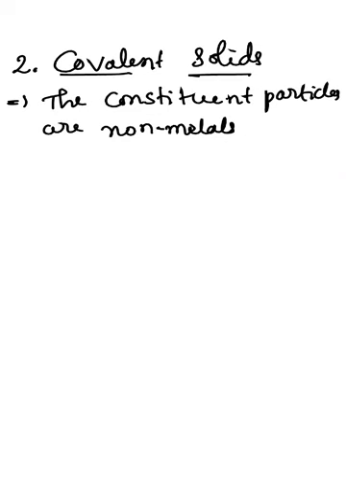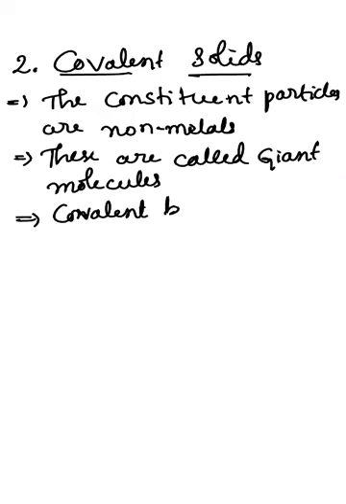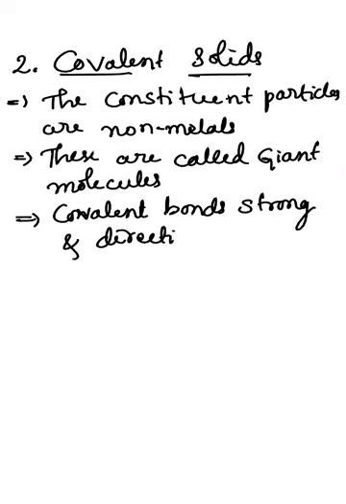Second point, these are called giant molecules. Next point, the covalent bonds are strong and directional. Strong and directional. Remember the thing.